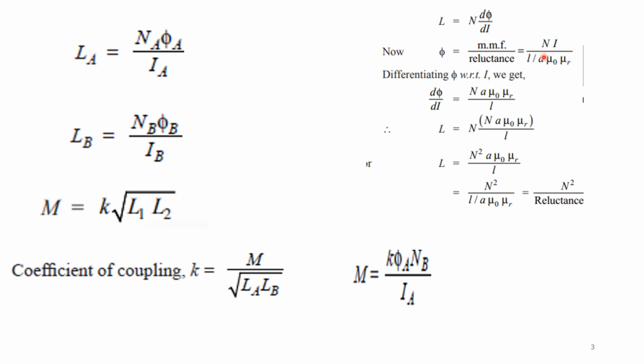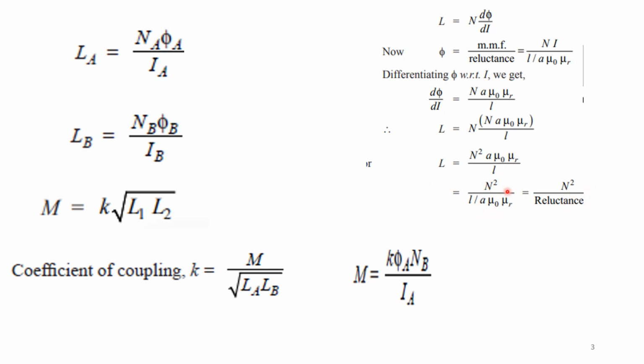So N comes in the numerator, A mu naught mu r divided by l. I substitute this d phi by di in the equation, so L as N into A mu naught mu r divided by l, or N square into A mu naught mu r divided by l, or you can bring that in the denominator, which becomes reluctance. So the formula of L in terms of reluctance we can write as N square by reluctance.